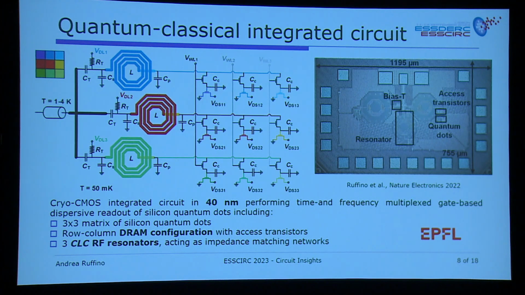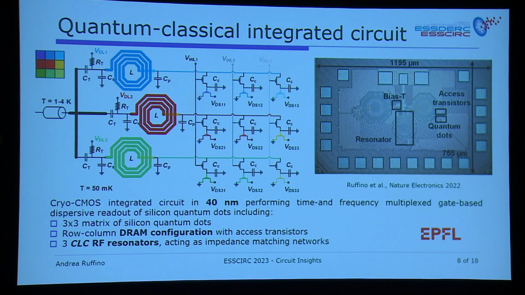And the first example is this quantum classical integrated circuit, which I designed in 40 nanometer technology, where there is basically a co-integrated matrix of silicon quantum dots on chip realized by minimum size transistors. And then there is a row column architecture which resembles a DRAM structure, which you might be familiar with, with access transistors to perform time multiplexing of the readout of the silicon quantum dots.